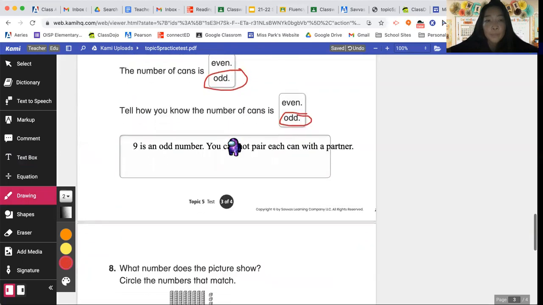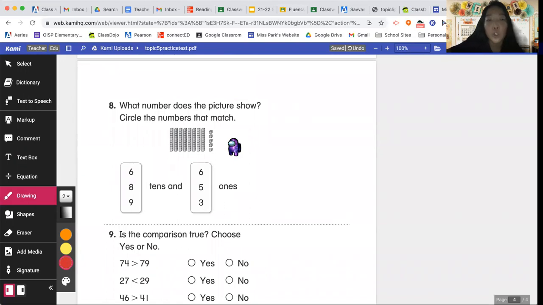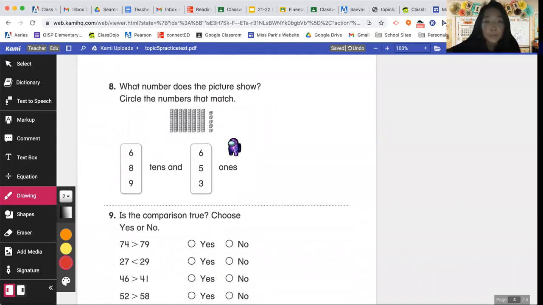Okay. All right, moving on. What number does the picture show? Circle the numbers that match. Go ahead and pause the video if you need more time. Let's see here. We got 1, 2, 3, 4, 5, 6, 7, 8. Let's double check.